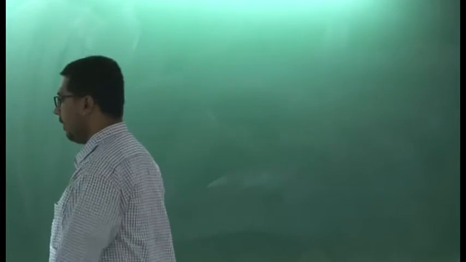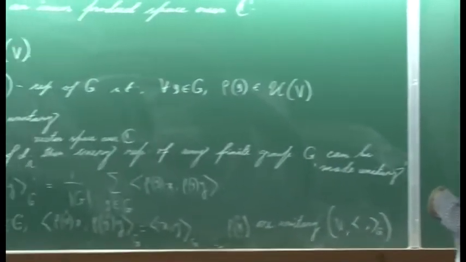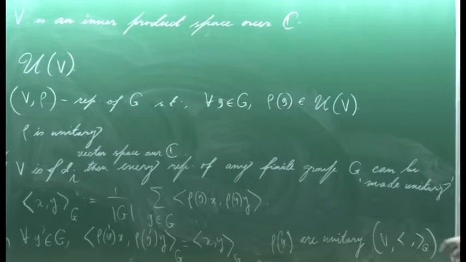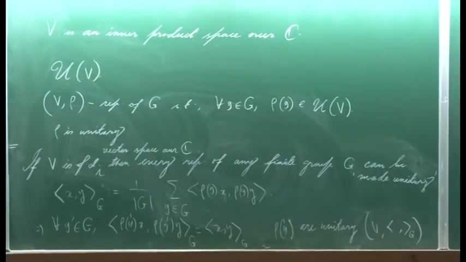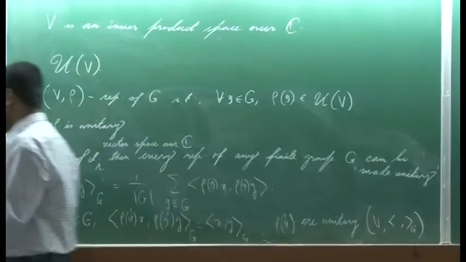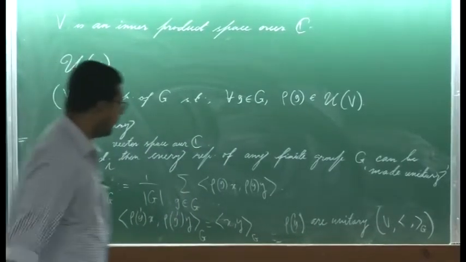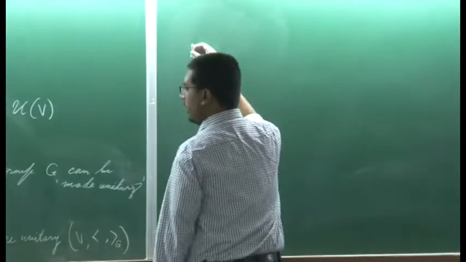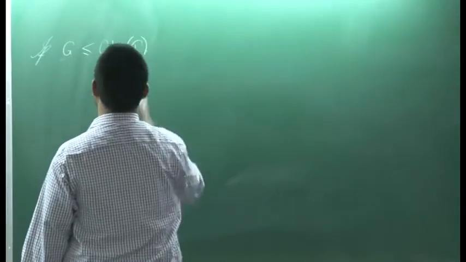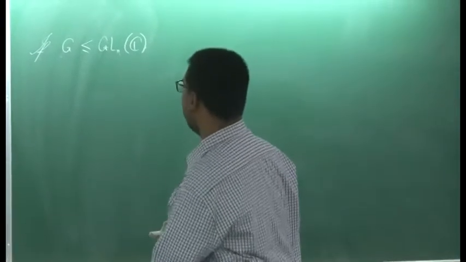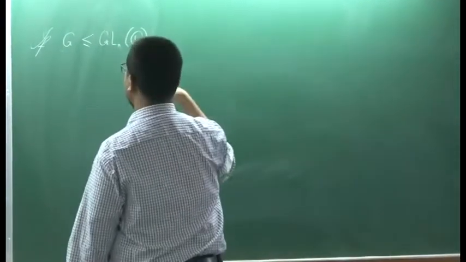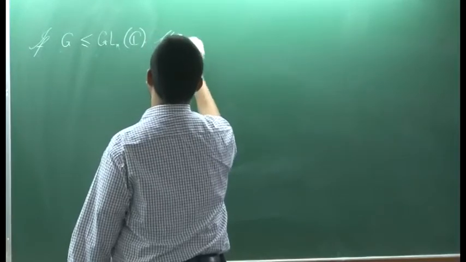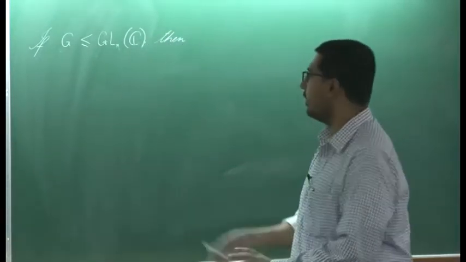So it follows as a consequence that if G is a finite subgroup of GLNC, then it is conjugate to some subgroup of the UNC.